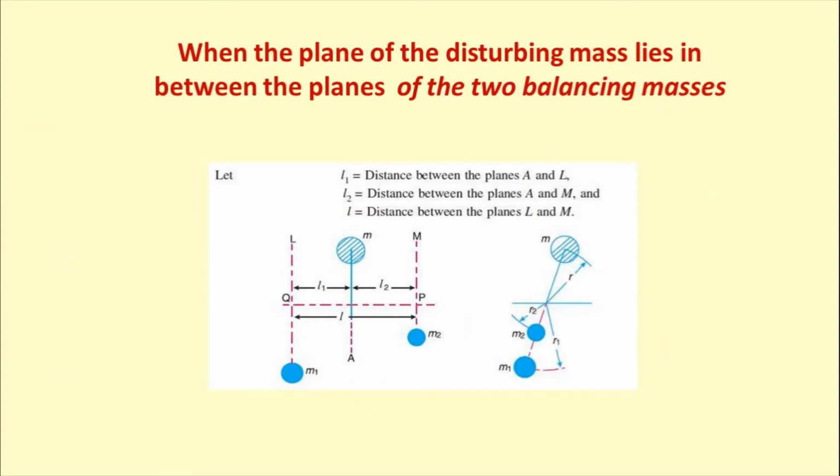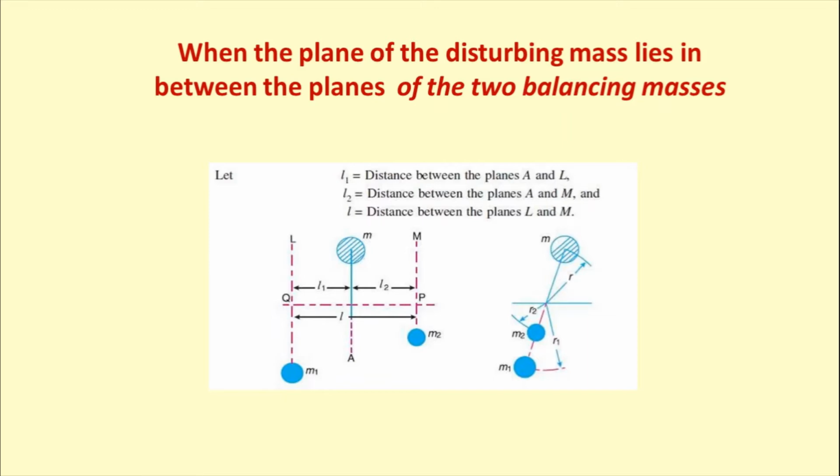Now one of the situations I have shown over here: L1, L2 and L are given as distances. L1 is the distance between the plane A, which is shown at the center on the left hand side of the figure, and the plane L. L2 is the distance between the plane A and M, while L is the distance between the planes L and M. Now, how do the front view and the side view look? They are also shown.